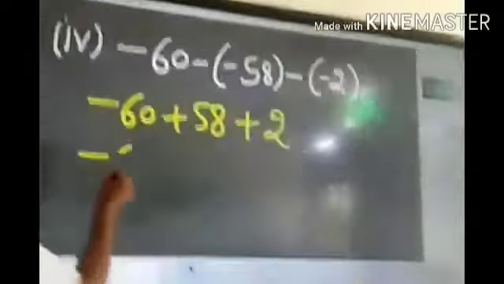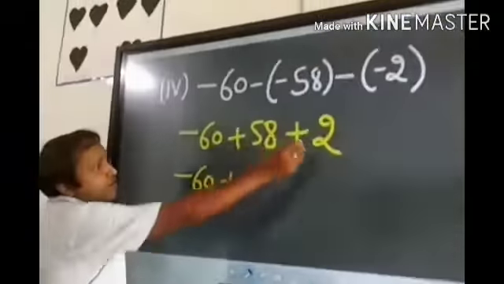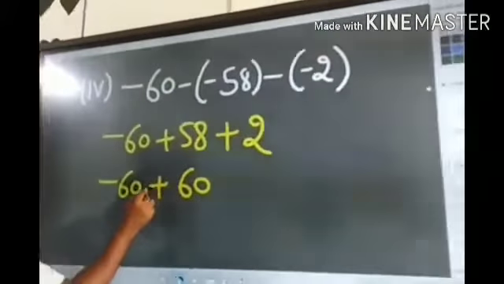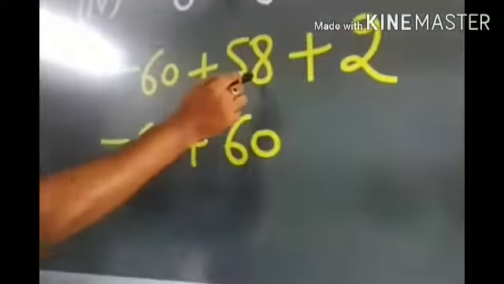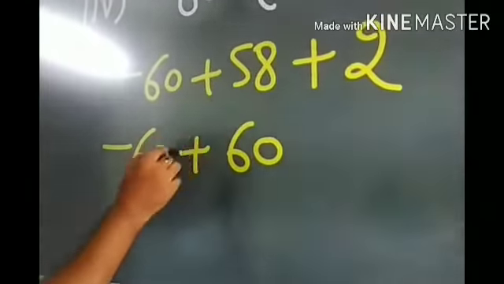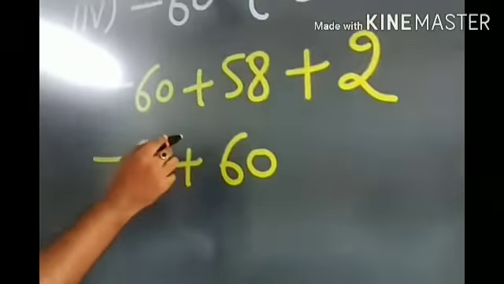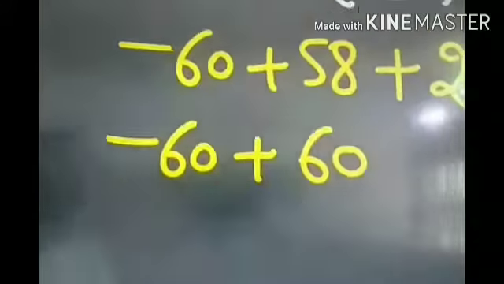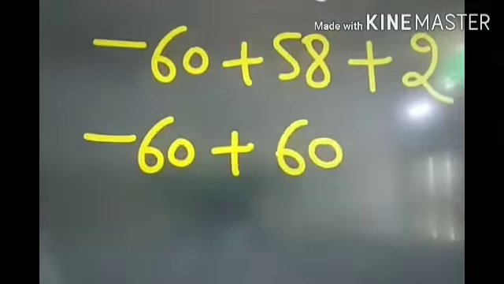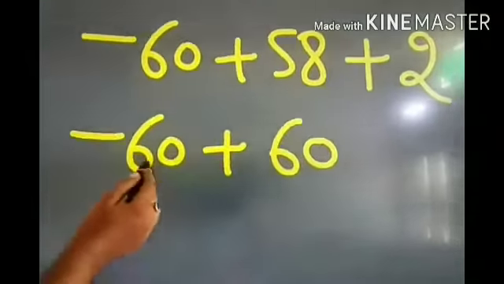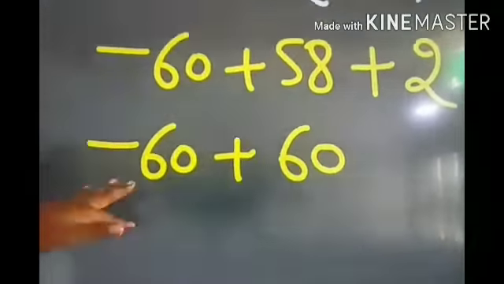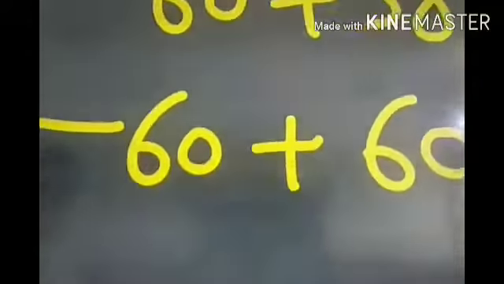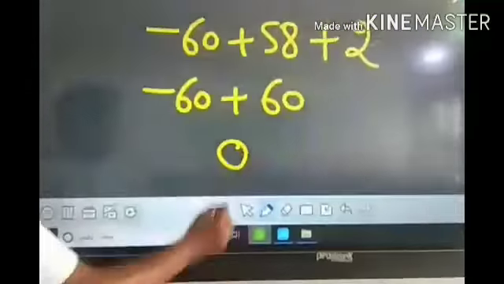Therefore, I will add them. 58 plus 2, that is 60, and with the answer, I will write the common symbol. The common symbol is positive, therefore I will write the plus symbol here. Now you can see this is -60 and this is +60. Both are opposite integers, therefore their answer will be 0.